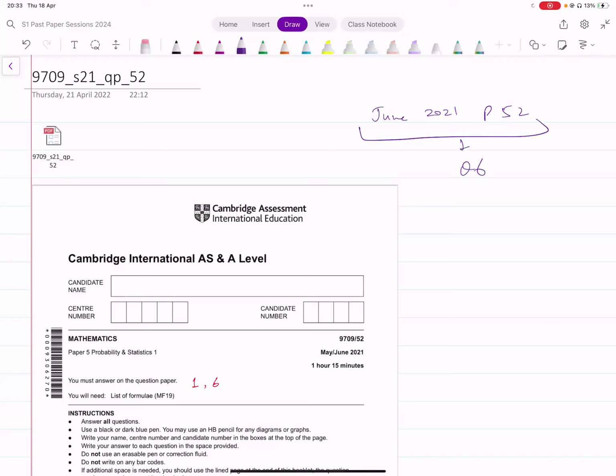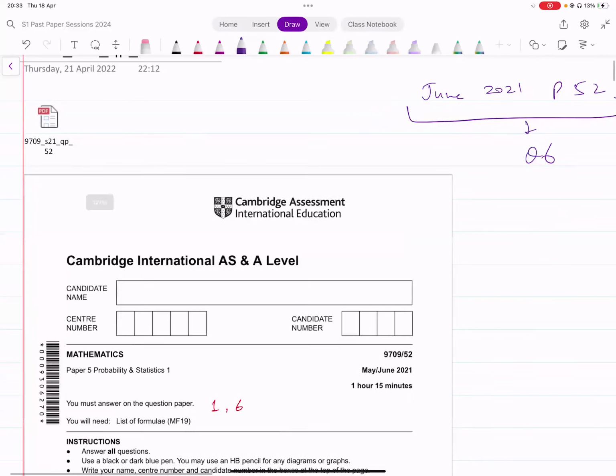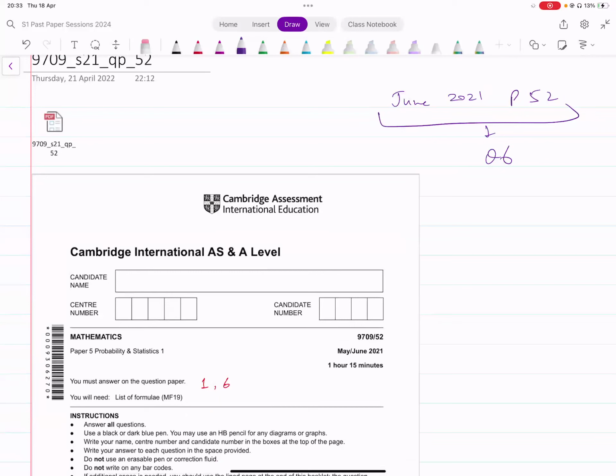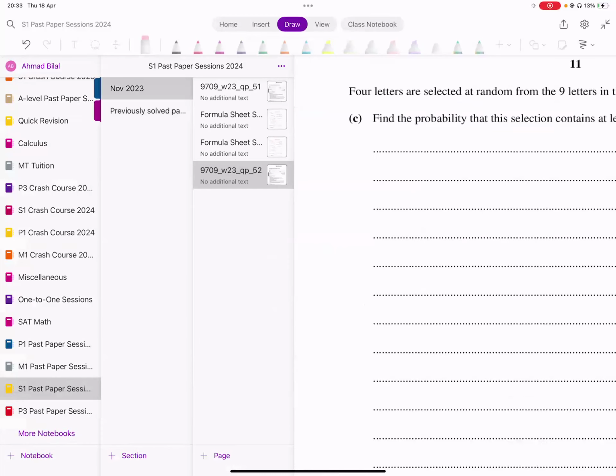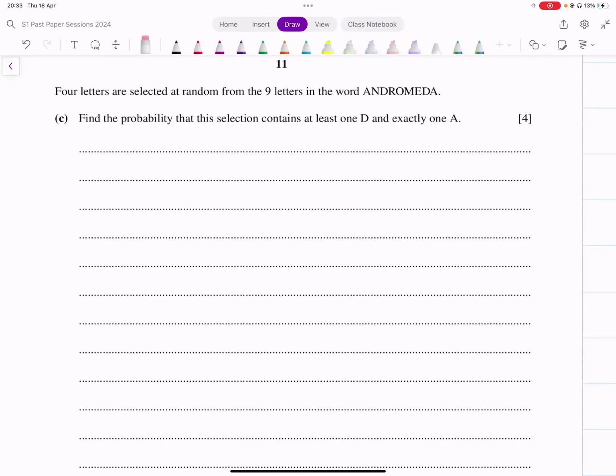Question number 6 in this. I've explained why we are going to use the method that we're just going to use for questions like these. The whole reason for that, the logic of that, you can find out in that video.